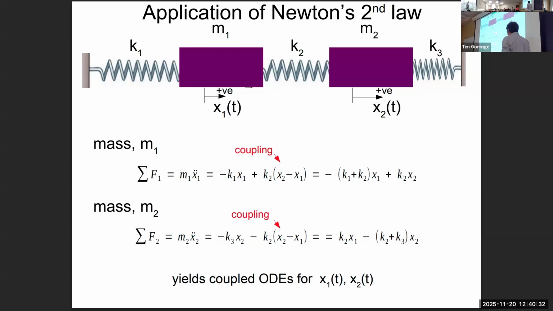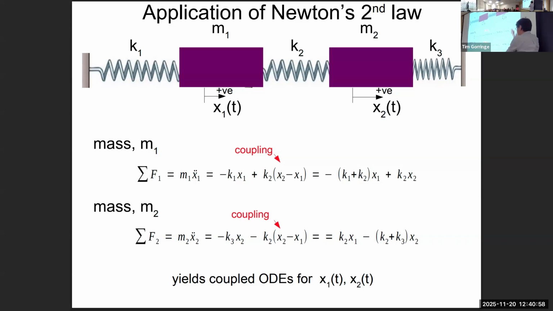I then rearranged this a little bit for convenience, not into two terms corresponding to the two forces, but into two terms multiplying either the function x1 representing the position of the first mass or the function x2 representing the position of the second mass.